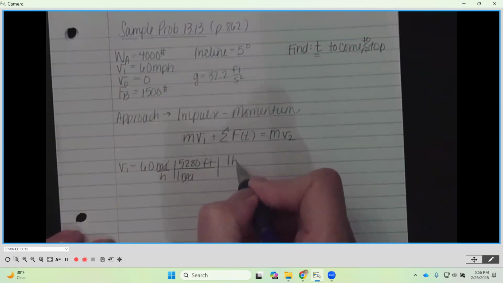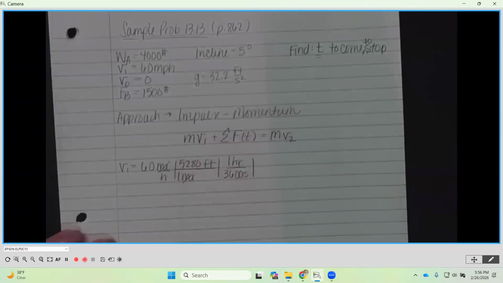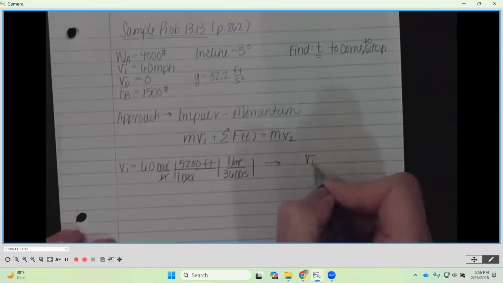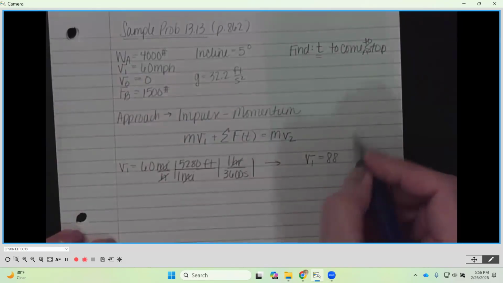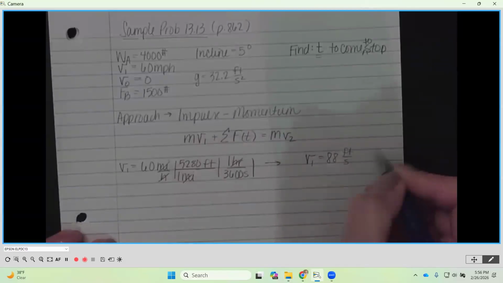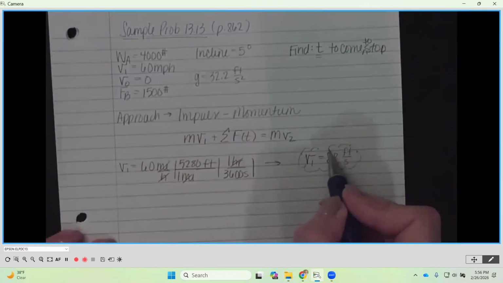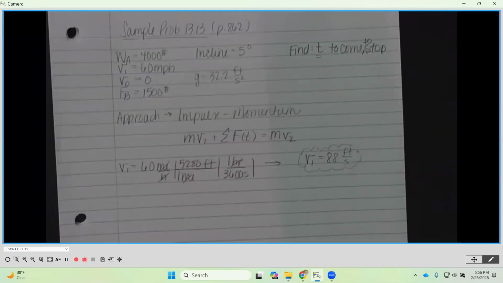And then 1 hour is equal to 3,600 seconds, so hours cancel here. If we multiply that out, our V1 should come out to 88 feet per second. That'll be the value that we use in the problems when we need to.